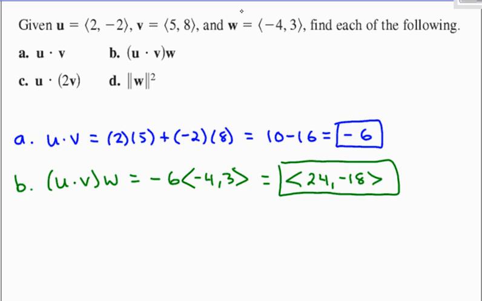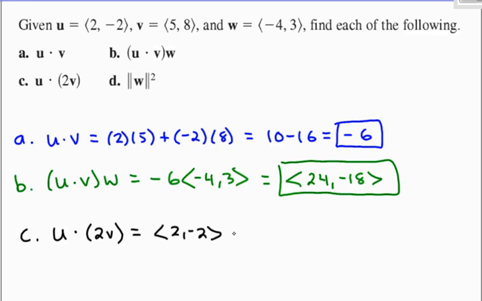All right, now for C, we're going to do U dot 2 times V. Let's write U out here. So U is <2, -2>.